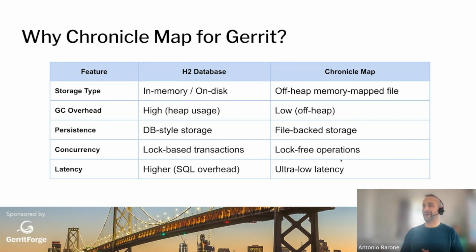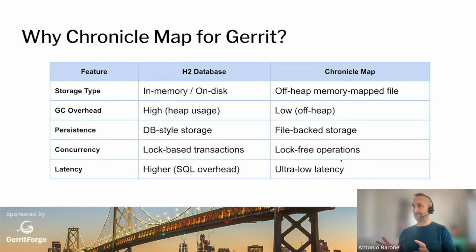The way concurrency is handled is also different: a lock-based transactional approach, which is typical of databases with all the ACID properties of a relational database, versus the lock-free operations that Chronicle Map provides. As Danny mentioned earlier, H2 v2 makes lots of improvements when it comes to locking, as we will see.